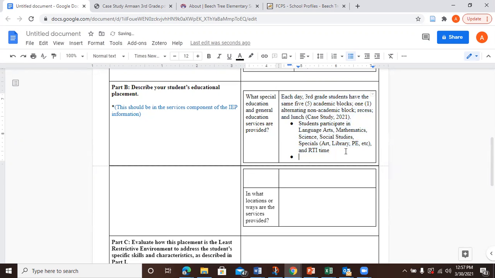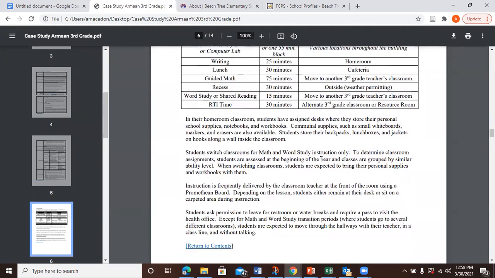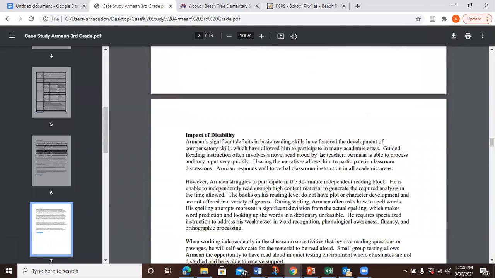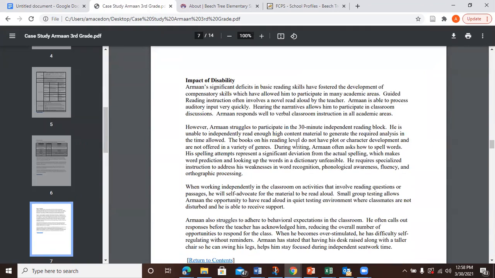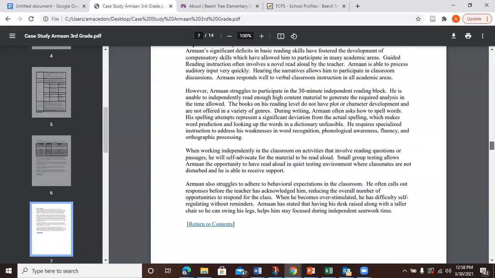In terms of your student, I don't have a pseudonym, so Armand participates. I have to look at how Armand's participating. We could look at this in several ways. We can look at impact of disability when we're thinking about where these services are.